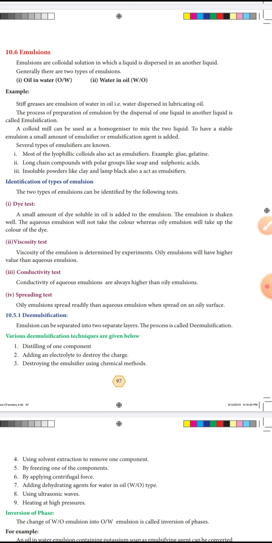The process of preparation of an emulsion by the dispersal of one liquid in another liquid is called emulsification. What is meant by emulsification?